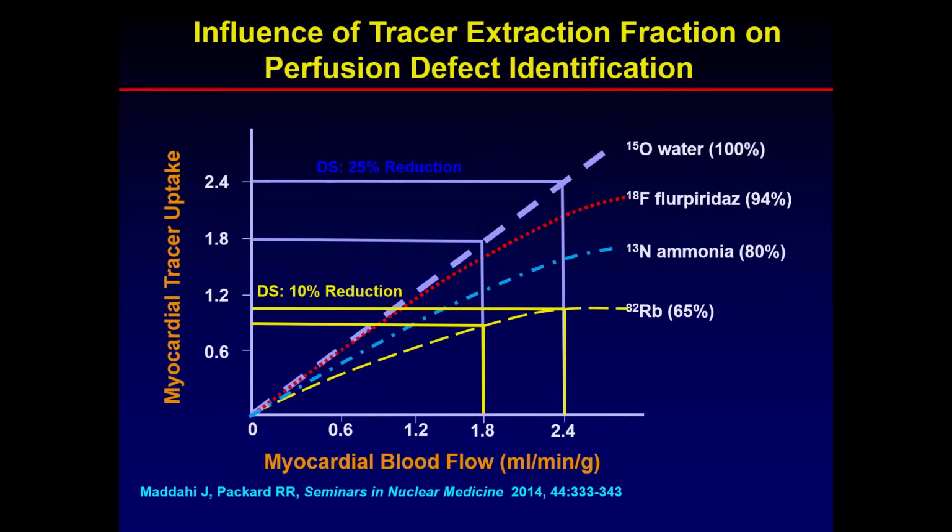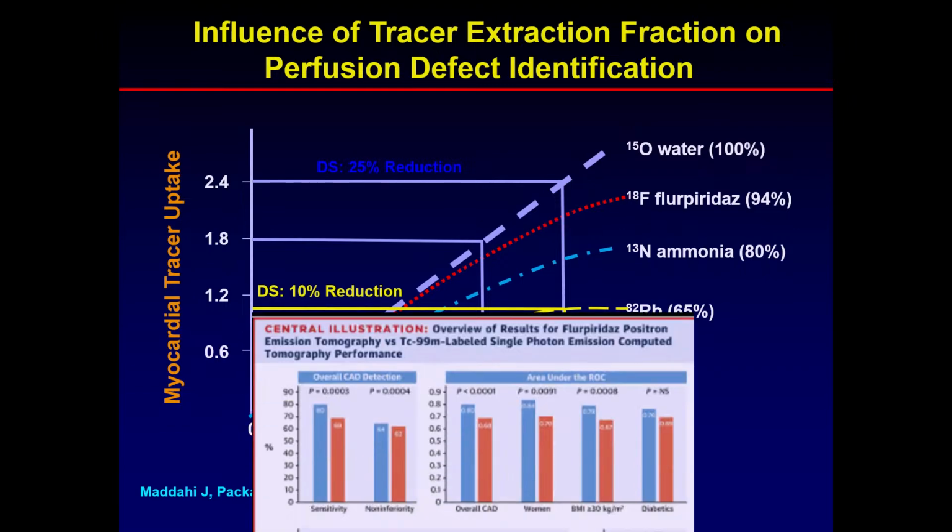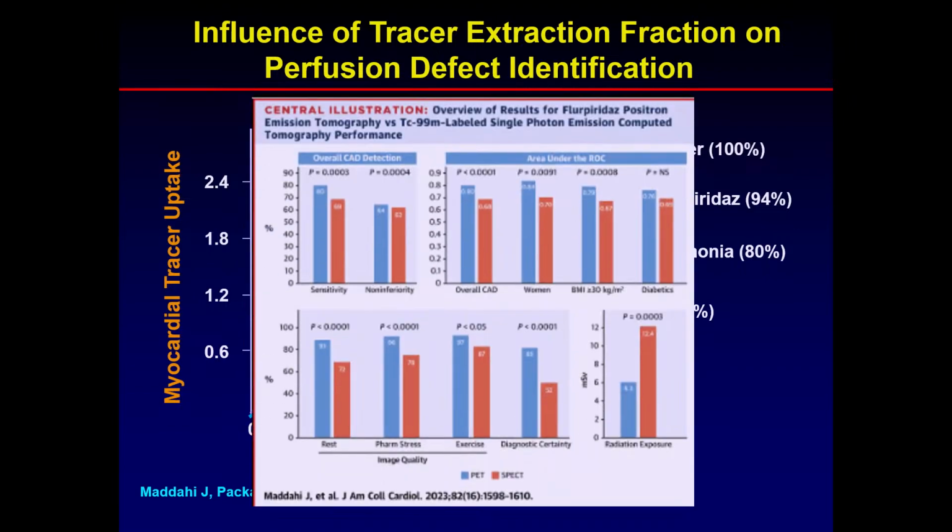And of course, as you know or may not know, there's actually been now data published comparing flurpiridaz to technetium, which has actually shown better sensitivity, which is not surprising, in terms of detection of coronary artery disease.